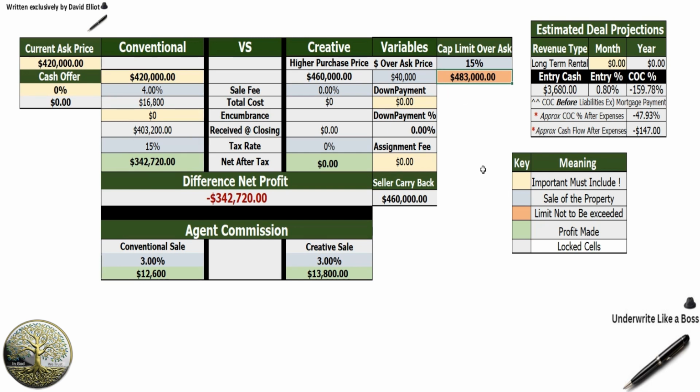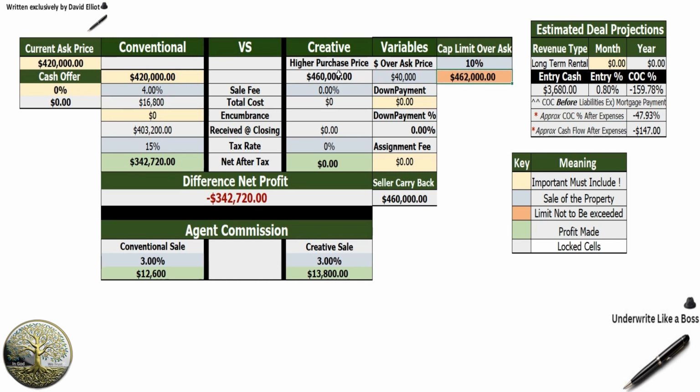You're going to have to allow the market in that particular area to catch up to what you paid for the property, because the current market value would be less than what you actually paid for. So be very careful with how far above you are purchasing over the current ask price of the seller. At 10%, you are in the safe zone.